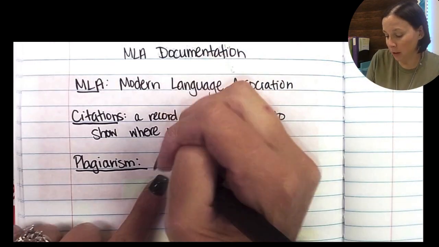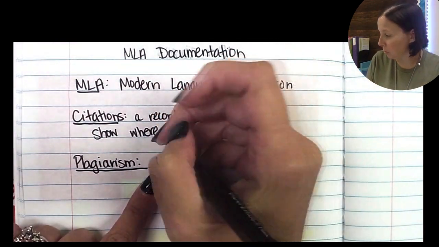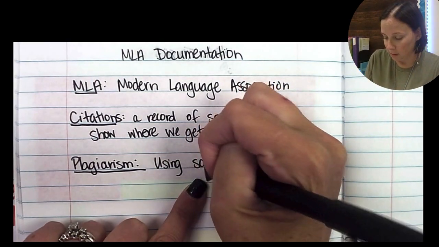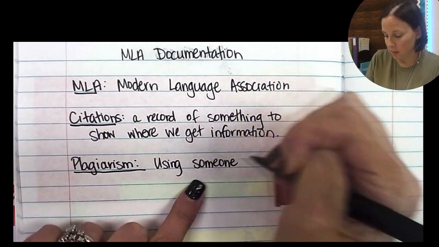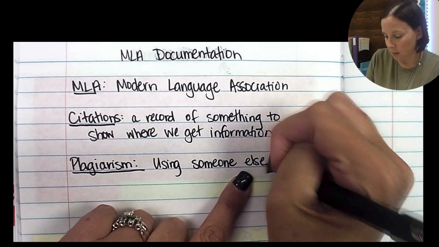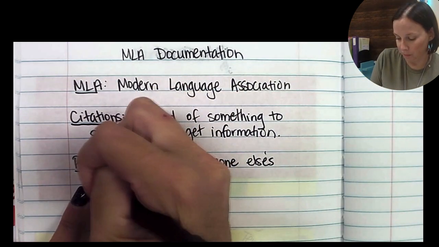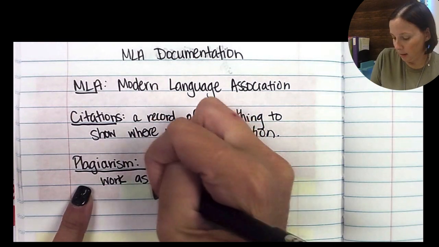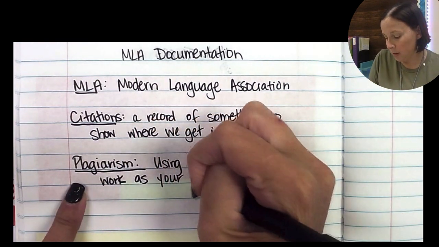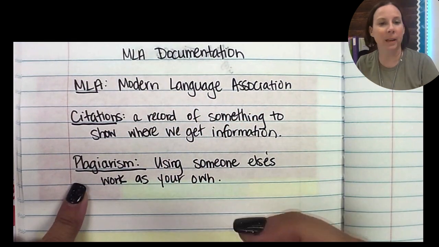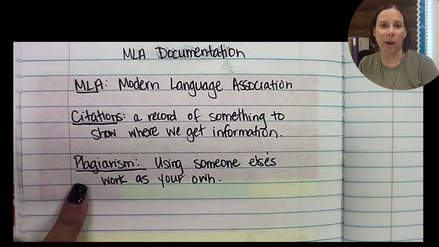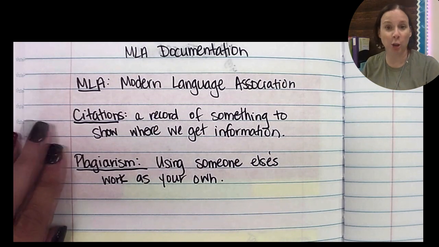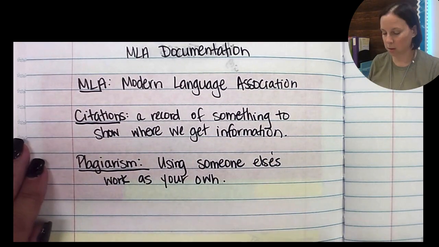So plagiarism is using someone else's work as your own. And this includes words. You can't copy straight off the internet and put it into a paper. You can't do any of that because you're plagiarizing. Those aren't your ideas. Those aren't your words. Okay?